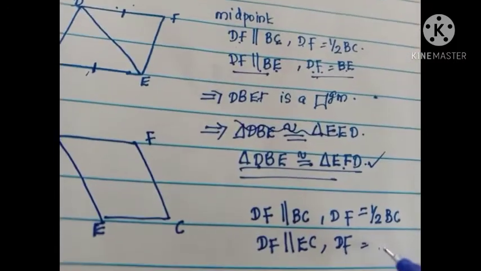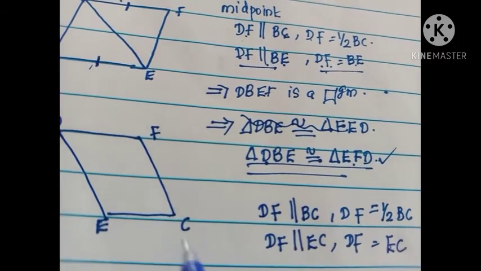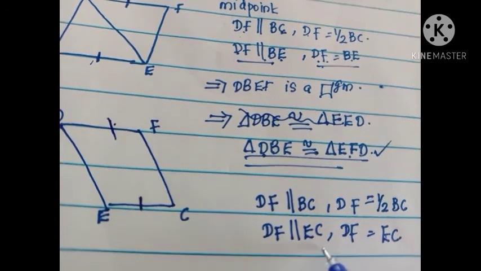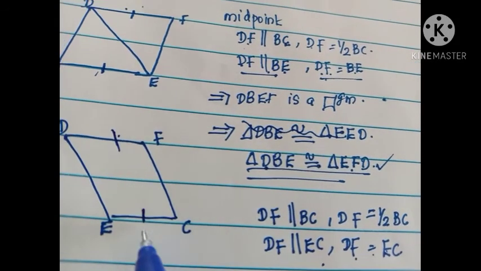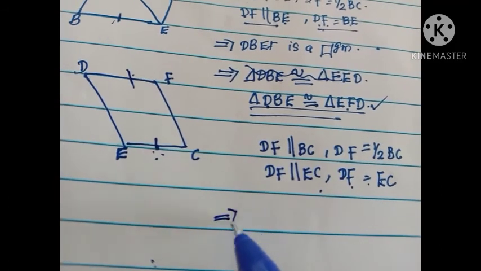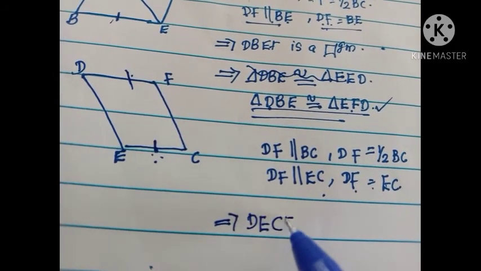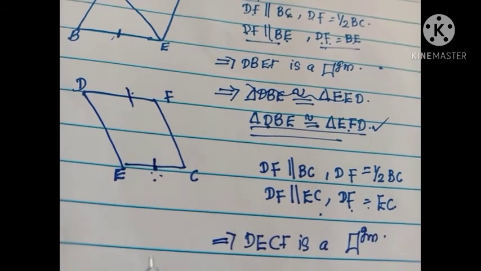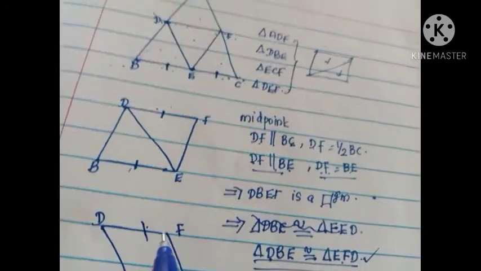Consider EC, the half part. So look at here, DF is parallel to EC and DF is equal to EC. So one pair of opposite sides are equal and parallel. Therefore, DECF is a parallelogram. Okay, DECF is a parallelogram.